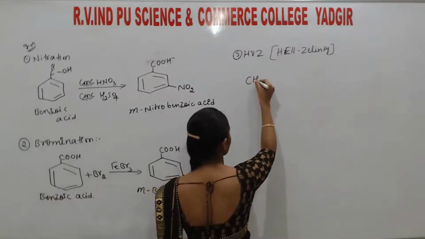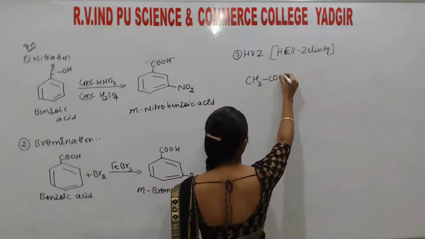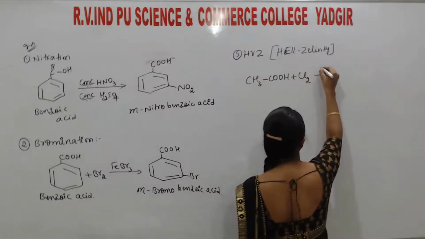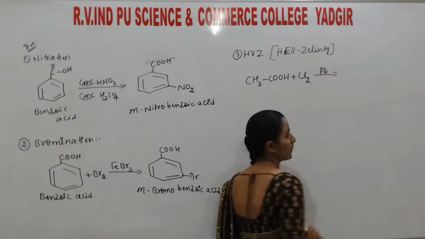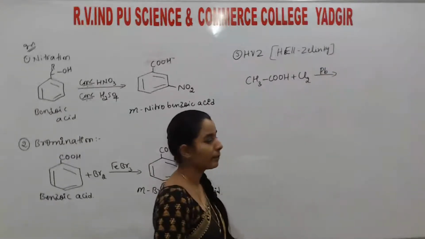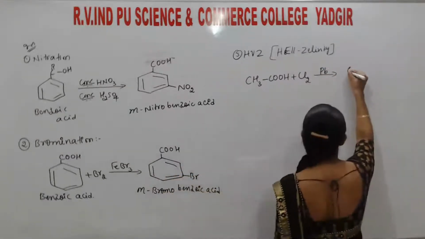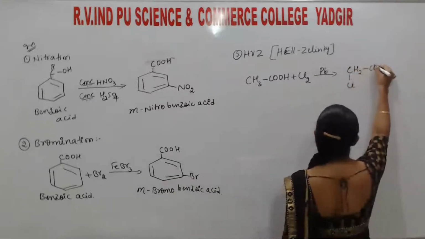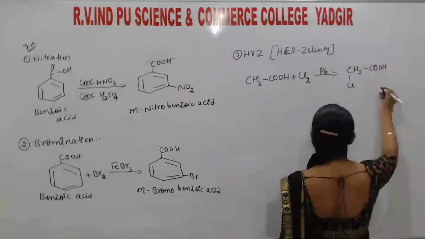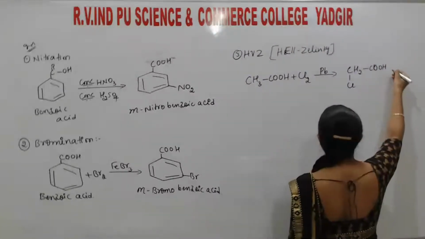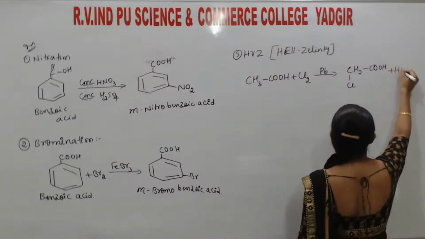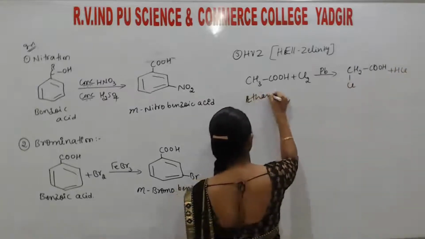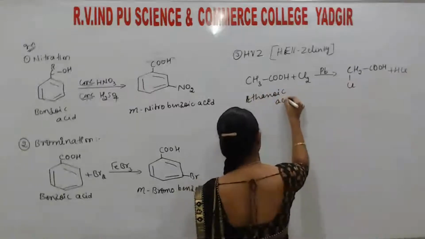Acetic acid undergoes chlorination in the presence of red phosphorus, therefore we get chloro-substituted acetic acid, plus HCl. You can take ethanoic acid instead of acetic acid.